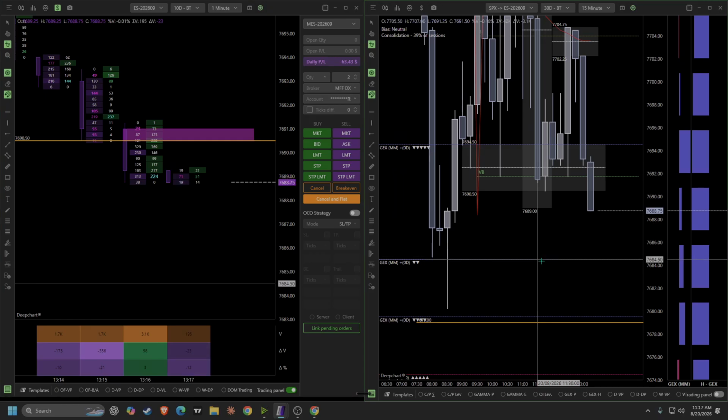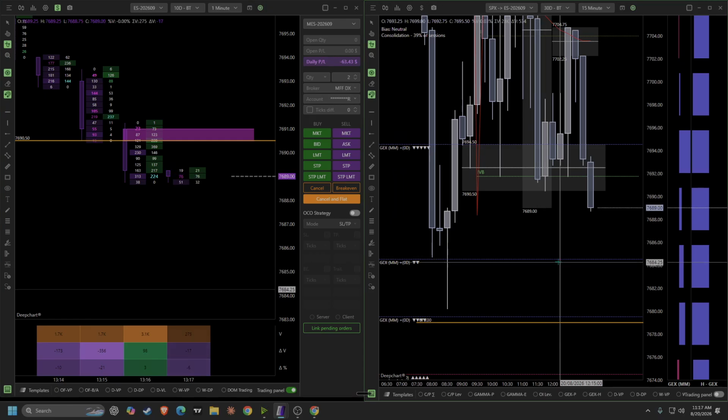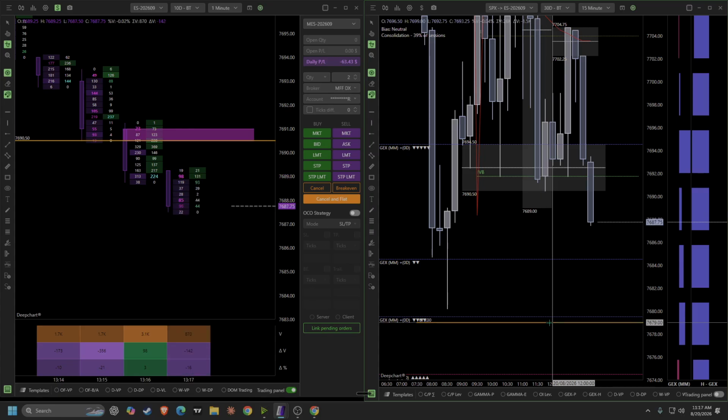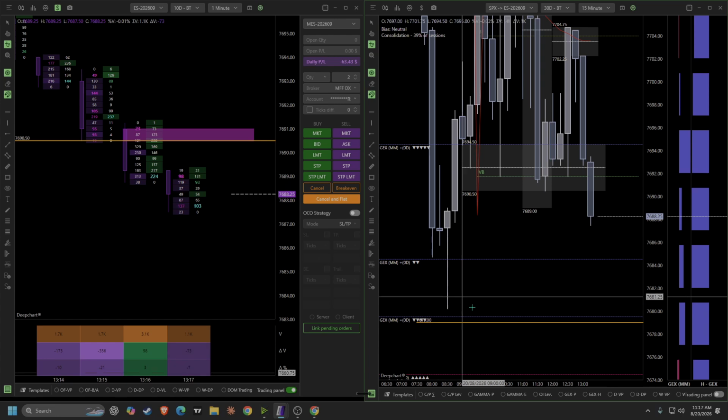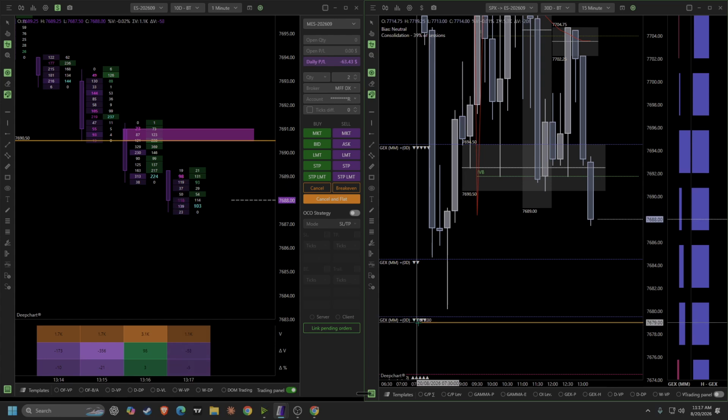Our next real break is down here at 76.84. Maybe down to 76.79 is the more important level.